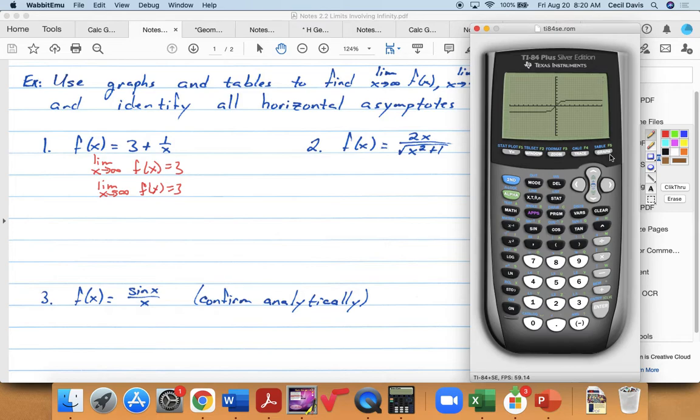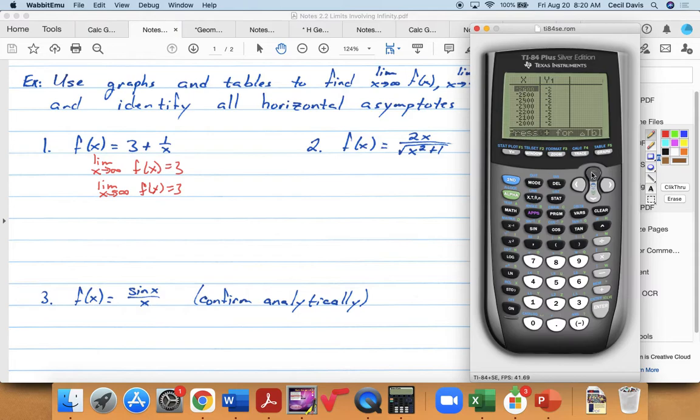Okay, so this one looks like it has a different horizontal asymptote as x approaches infinity than it does as x approaches negative infinity, right? Over here to the right, that looks like positive 2. Over here, it looks like it's negative 2. Let's real quickly check that on the table. Yeah, certainly looks like negative 2 there.